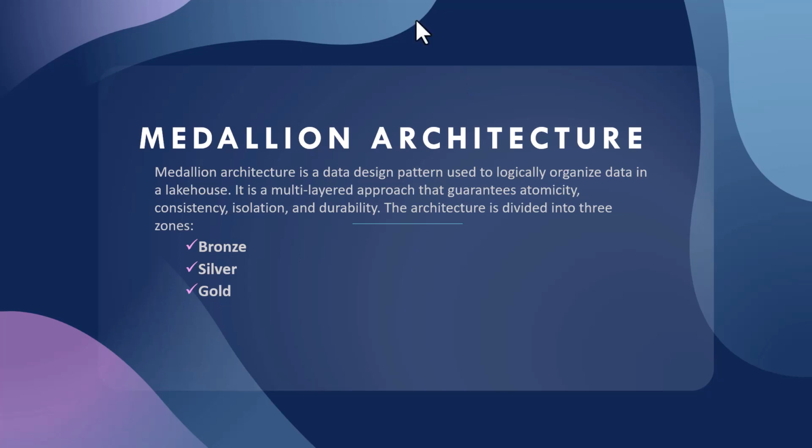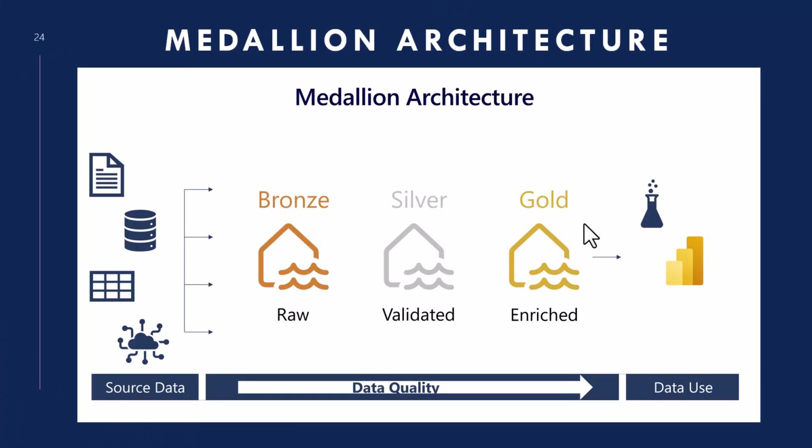So on the next slide, I'm going to give us a pictorial representation of what Medallion architecture looks like. This Medallion architecture is such that the quality of the data increases across these three zones. The first zone being the bronze layer, where you have your raw data, and then the next layer is your silver layer, where your data is actually of improved quality, and of course you now have your gold layer where your data has now been enriched.